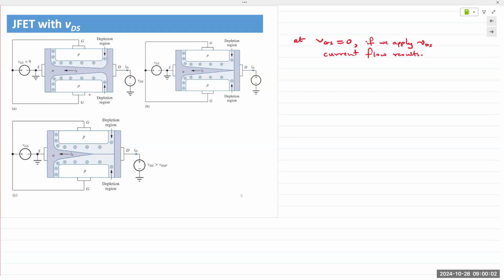So the channel is open, we say inherently that the device is on. But we must apply an external voltage between the drain and the source for the electrons to flow. But to close off the channel, we must apply an external voltage, which is VG. And when we say the device is on or off, it refers to the channel, whether it's on or off.